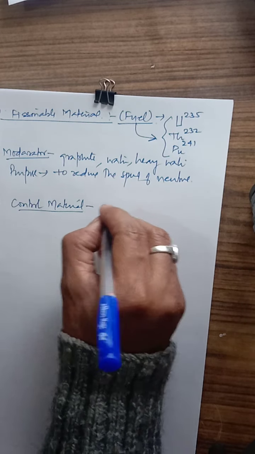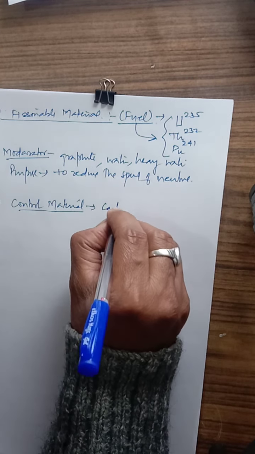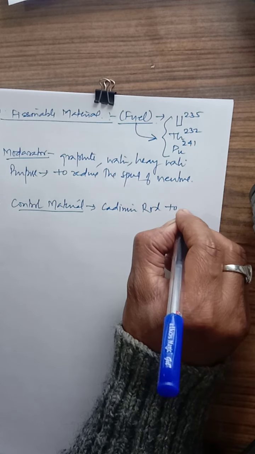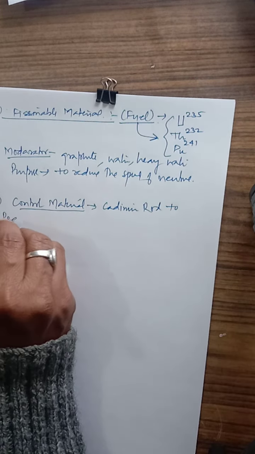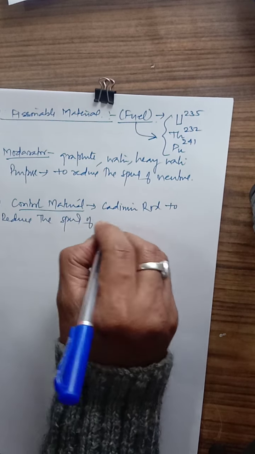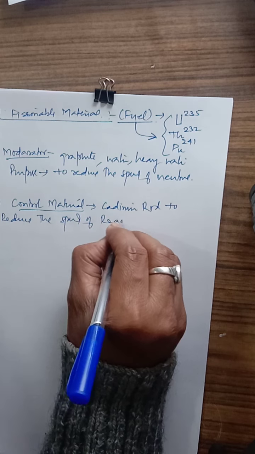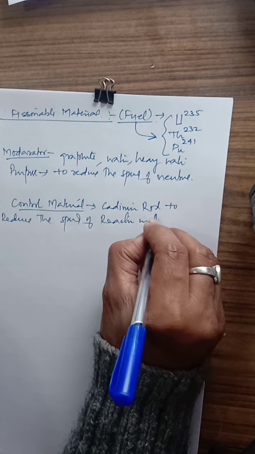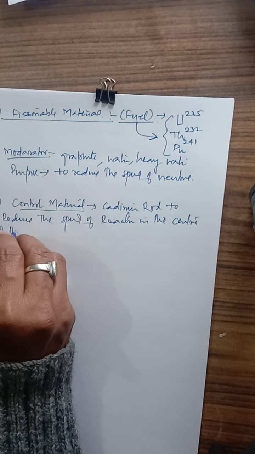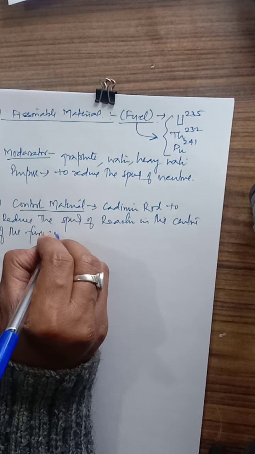So that is the control material, the cadmium rods, which reduce the speed of reactions in the center of the furnace.